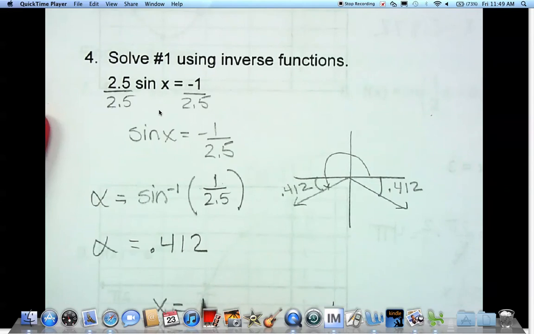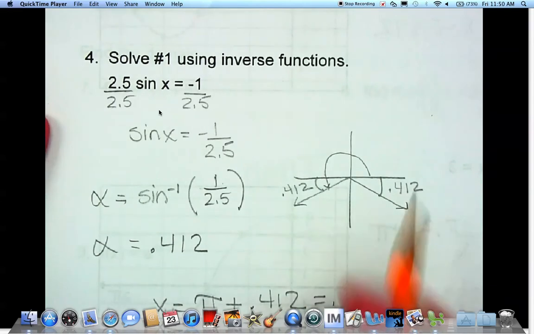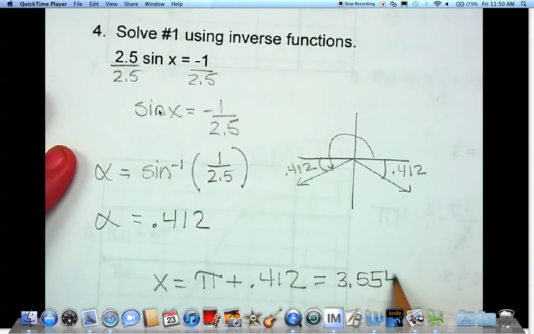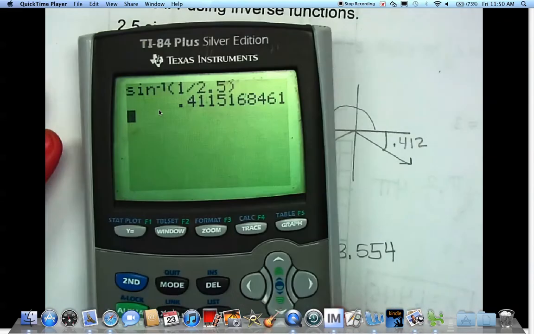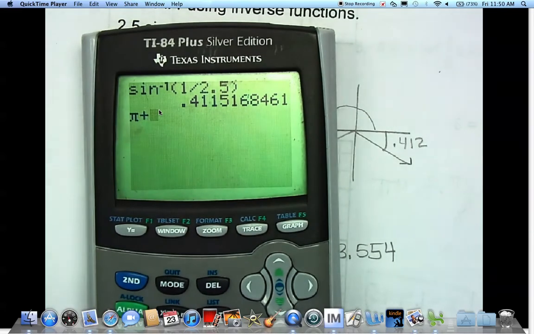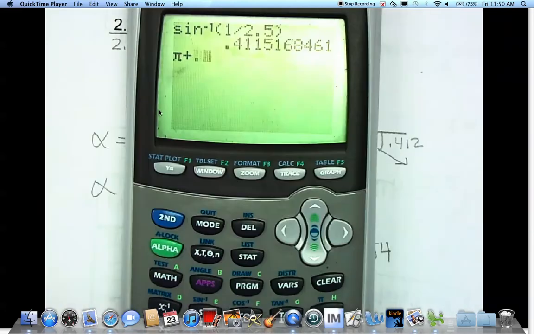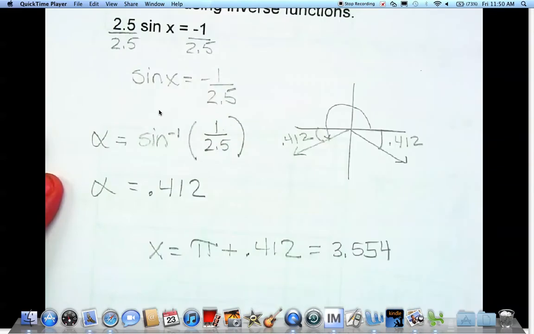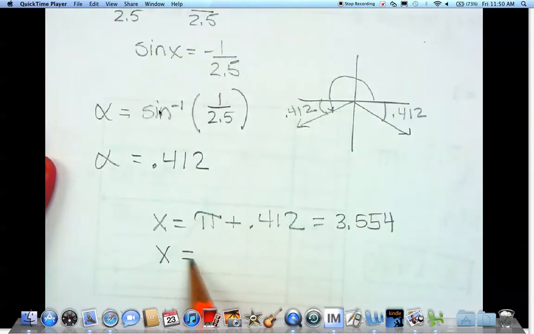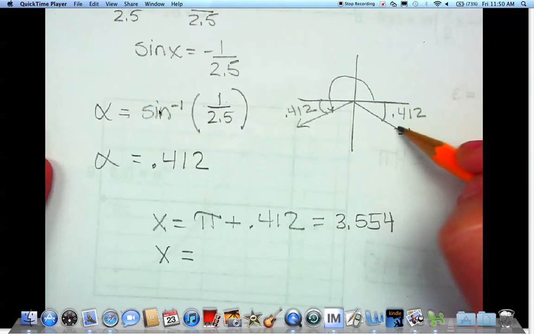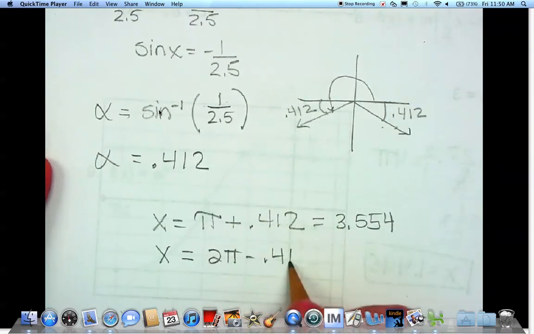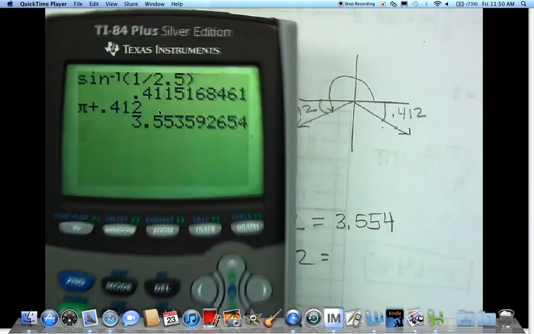So x equals pi plus 0.412. And then the other one, how would you find this one? It's 2 pi minus 0.412, which is 5.871.